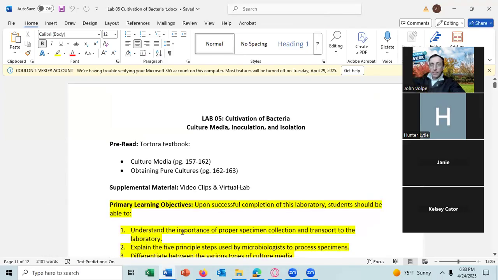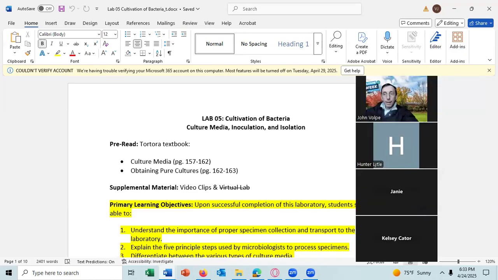There we go. Lab 5, Cultivation of Bacteria, Culture Media, Inoculation, and Isolation. Any questions?